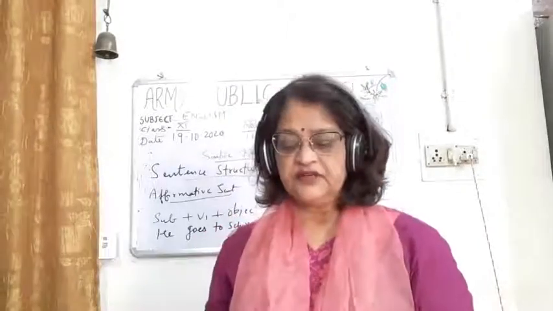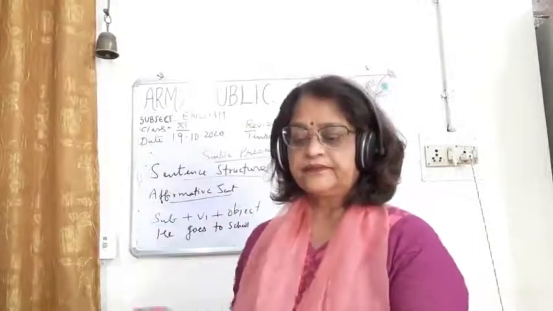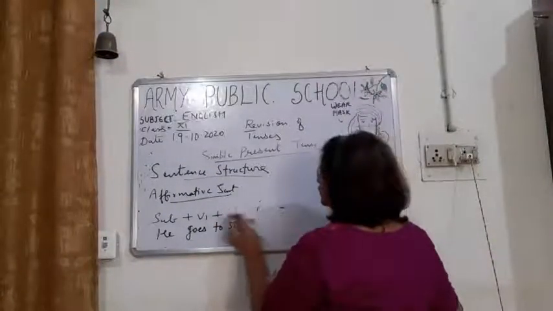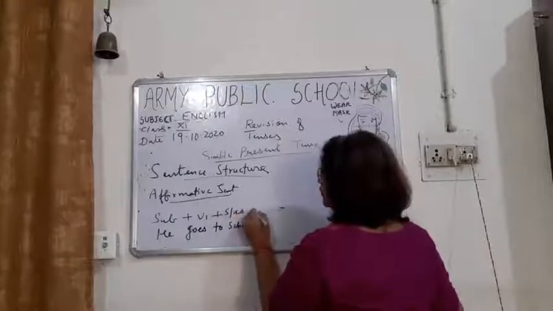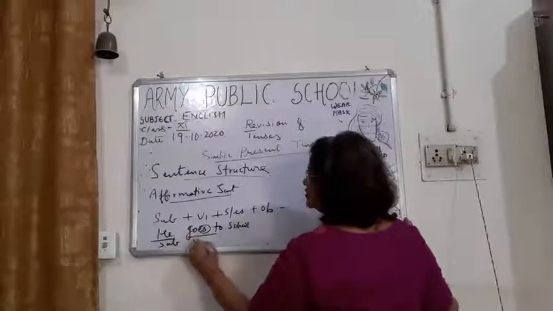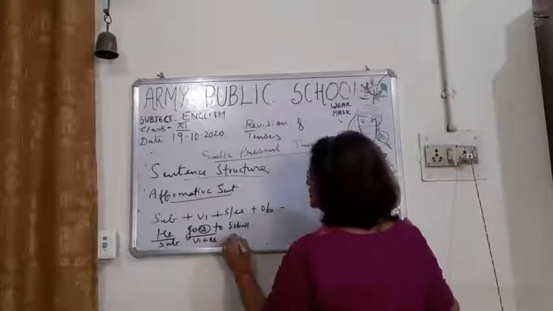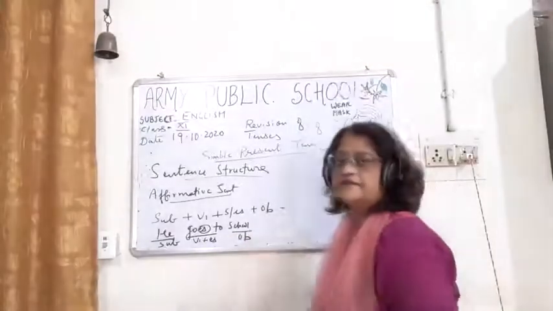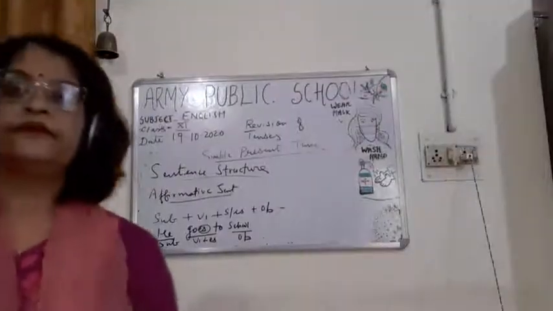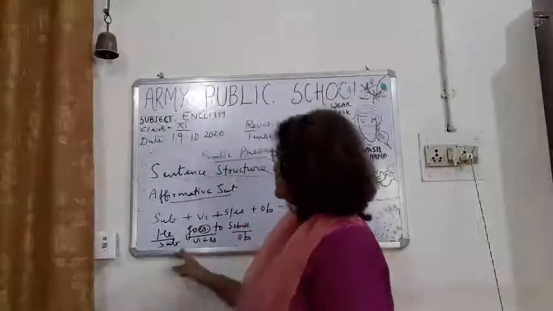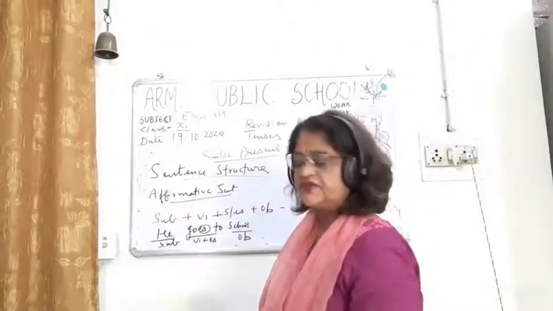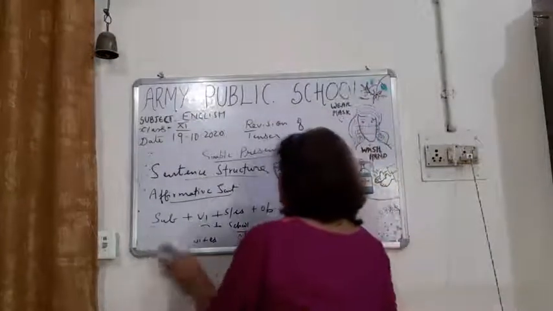Here this is the subject, this is V1 plus ES plus object. This is the sentence structure in the affirmative sentence: subject plus V1 plus object.